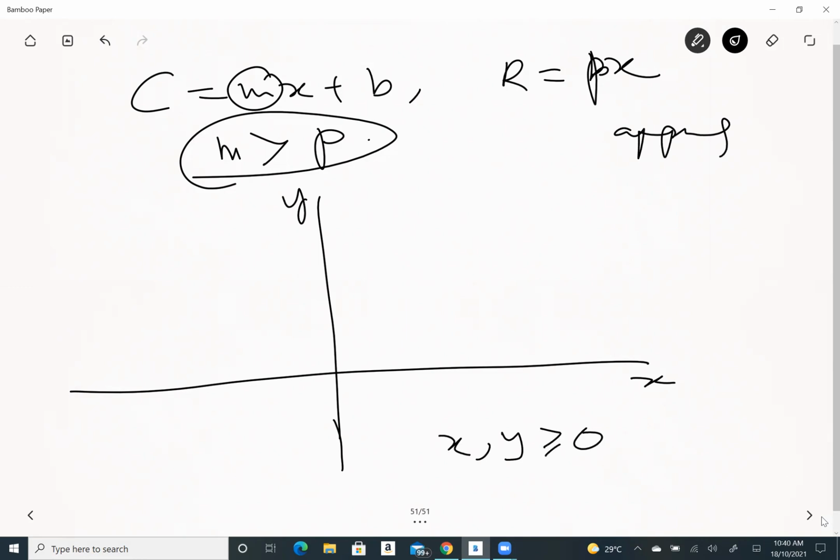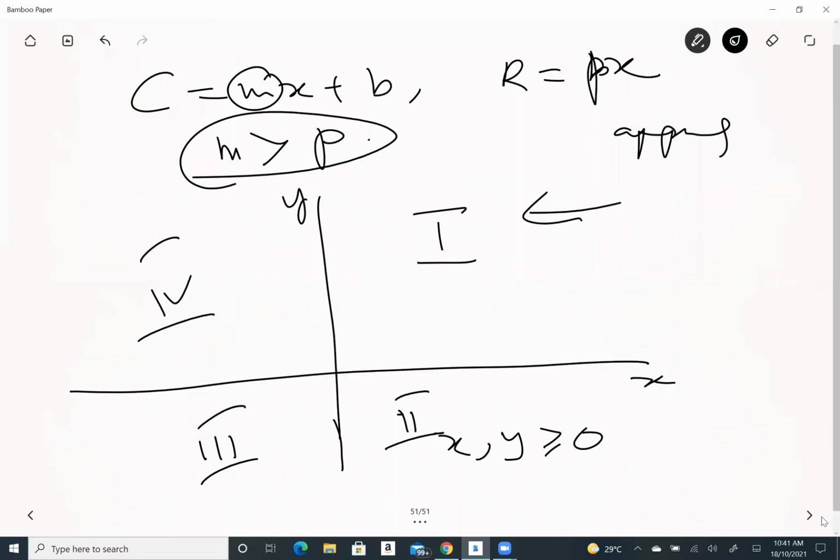So we need only the first quadrant. If you remember, when you draw a graph, there are 4 quadrants: first, second, third and fourth. We only deal with the first one for application. You will need x positive, y also positive.